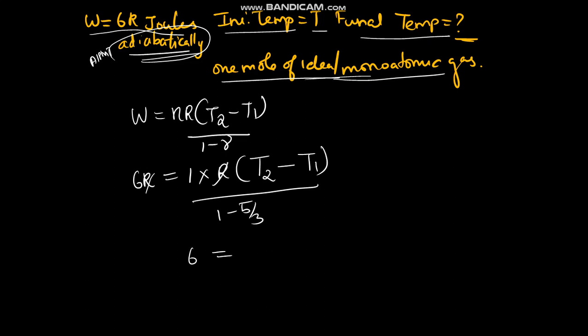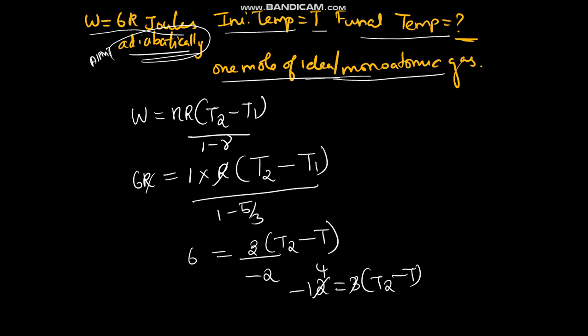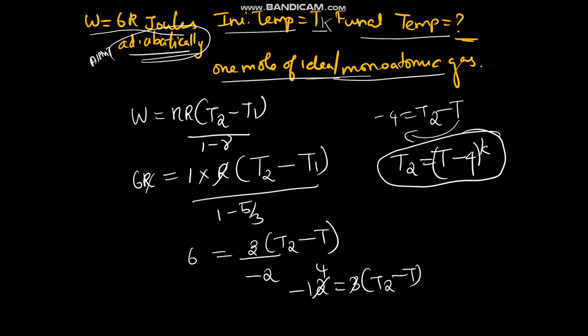So 6 is equal to 3 divided by minus 2, into T2 minus T. So minus 12 is equal to 3 into T2 minus T. So get cancelled 4. So minus 4 is equal to T2 minus T. So T2 is equal to T minus 4. Suppose the temperature is Kelvin, then the final temperature is T minus 4 Kelvin.